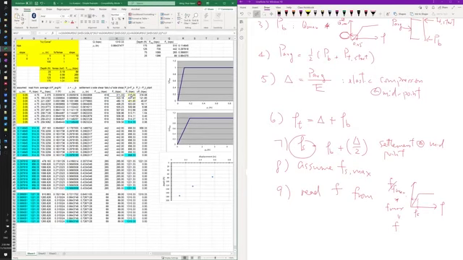And then at the end of the day, we can back calculate, or we can calculate again the loading at the top. The loading at the top will be equal to the base plus what we read here.